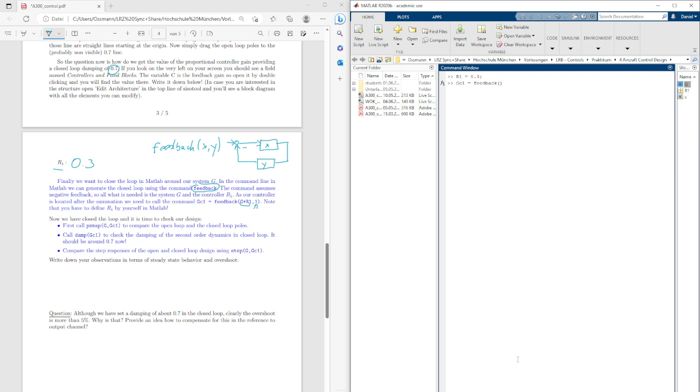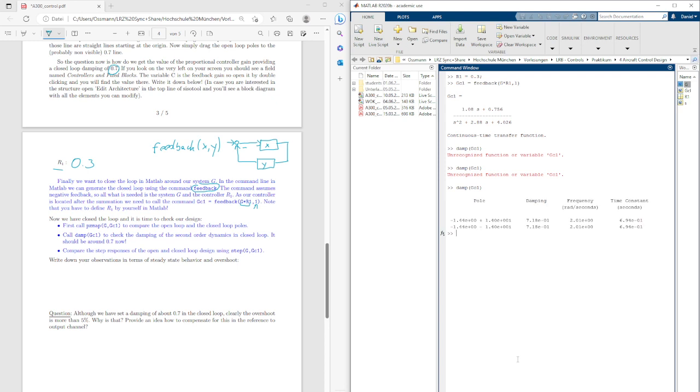We take our system G, we multiply it with our controller, and the feedback signal equals 1. And now we have the feedback, and we could simply check what the damping of that closed loop system is. Okay, why not? Did I put out GC1? Okay.